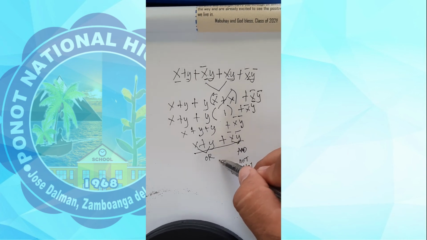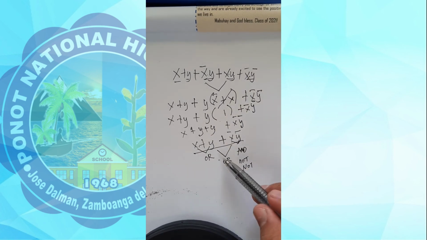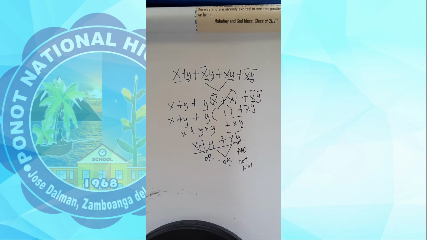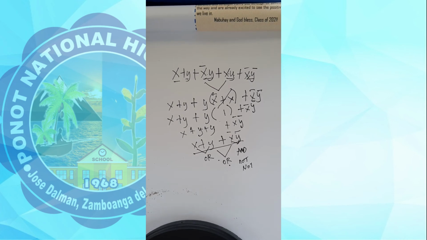Tapos, in between ito, the plus sign. In between yan, we have an OR gate. So, this time, ilan na lang? Dalawang OR gate, dalawang NOT gate, at isang AND gate. So, from 10 down to 5. See? Can you see the difference now?